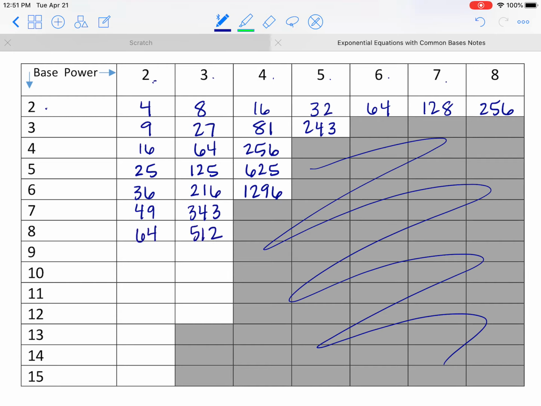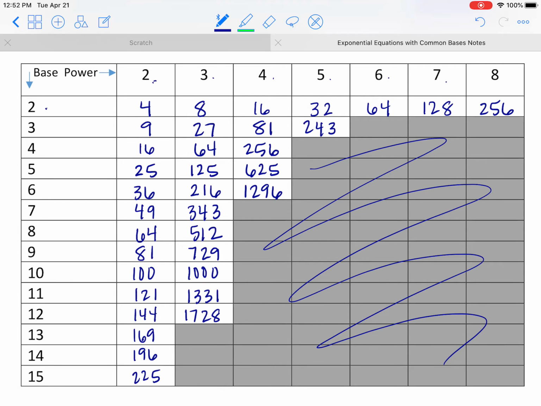Okay, 7 squared is 49, 7 cubed is 343, 8 squared is 64, 8 cubed is 512, 9 squared is 81, 9 cubed is 729, 10 squared is 100, 10 cubed is 1,000, 11 squared is 121, 11 cubed is 1,331, 12 squared is 144, and cubed is 1,728, 13 squared is 169, 14 squared is 196, and then 15 squared is 225.